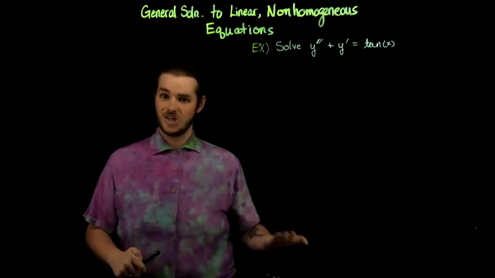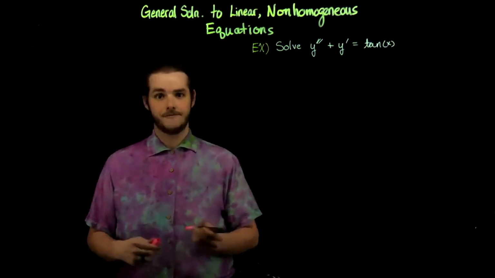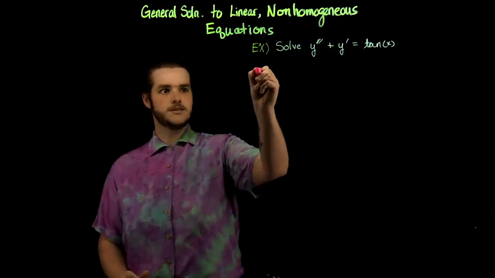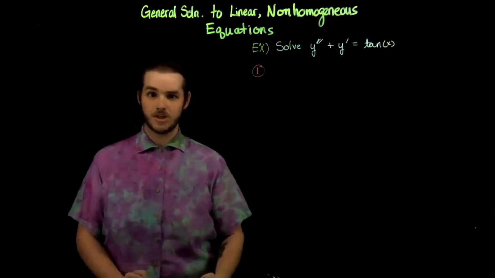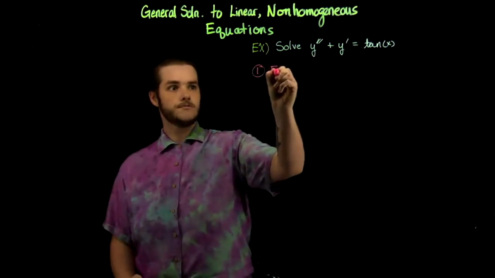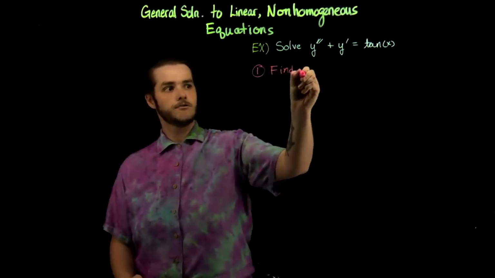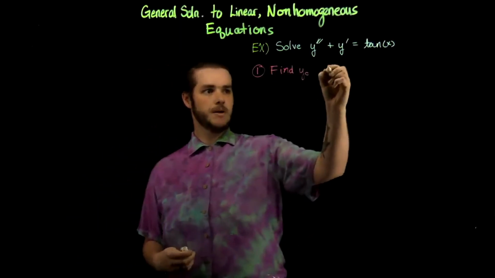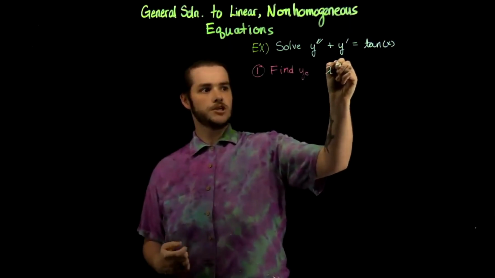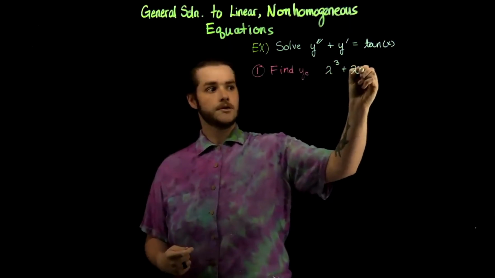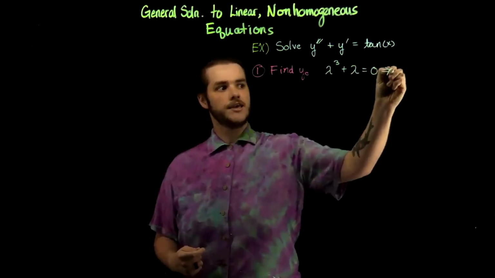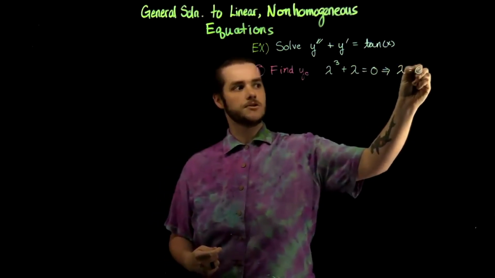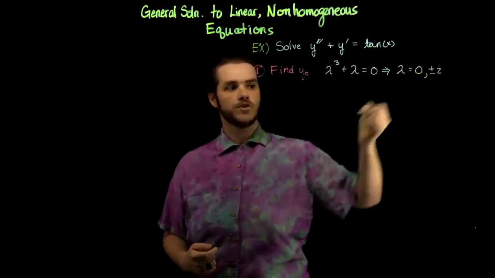Now, there are really just three key steps. The first step is the same across all of our methods. I need that complementary solution first. We need to find y_c. Here my characteristic polynomial is lambda cubed plus lambda. When I set that equal to 0, it gives me that lambda should be 0 or plus or minus i.